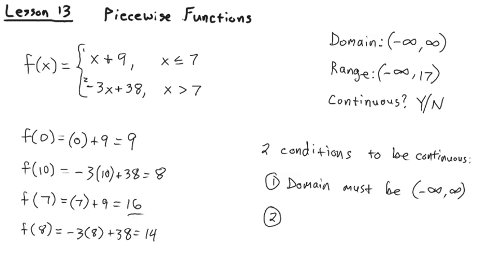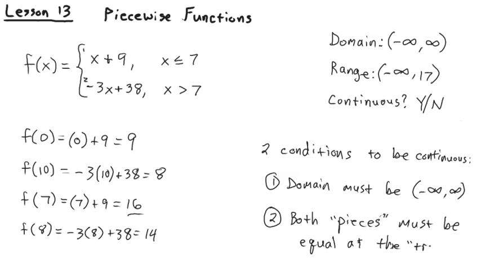The second condition is this: both pieces must be equal at the transition value.